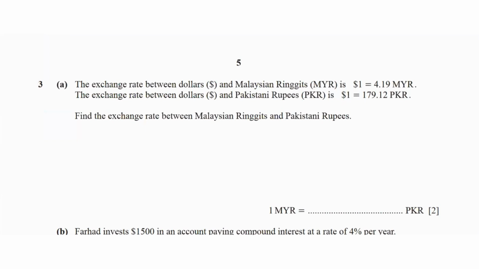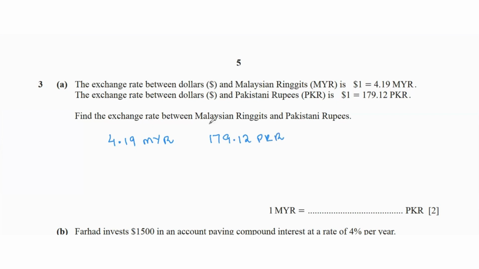So $1 is 4.19 Malaysian ringgits. And $1 is equals to 179.12 Pakistani rupees. So 4.19 MYR has the same value in dollars as 179.12 PKR.